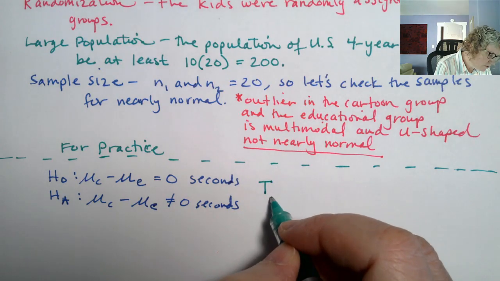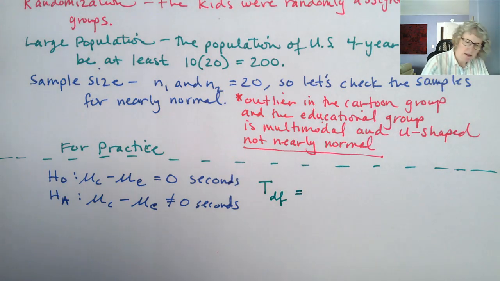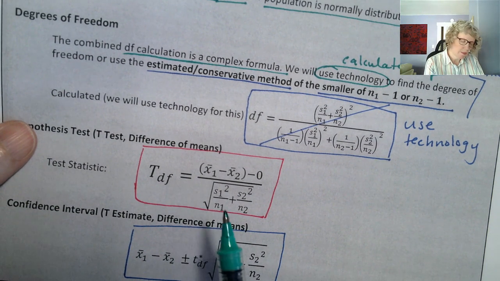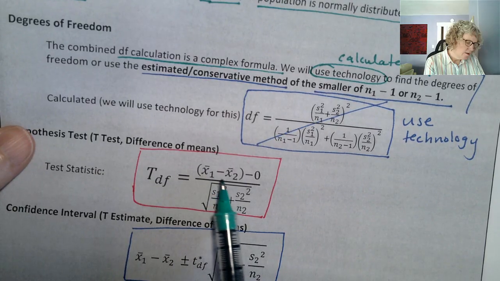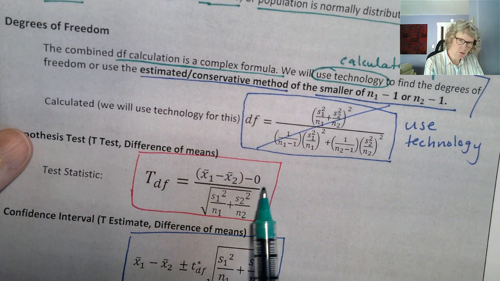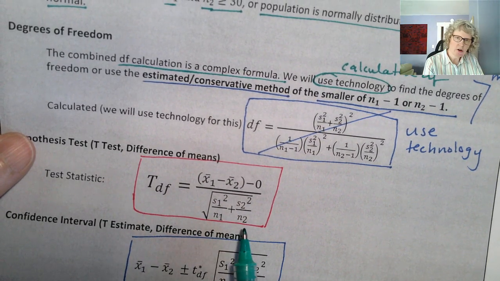T, and degrees of freedom, we'll put that into our T distribution. So that is, let me get my formula here. Right, the sample difference that we already have, x bar 1 minus x bar 2 minus the null, which is 0, divided by the combined standard error.